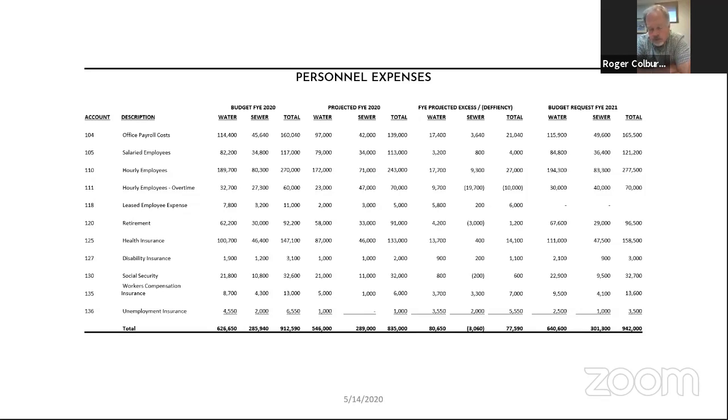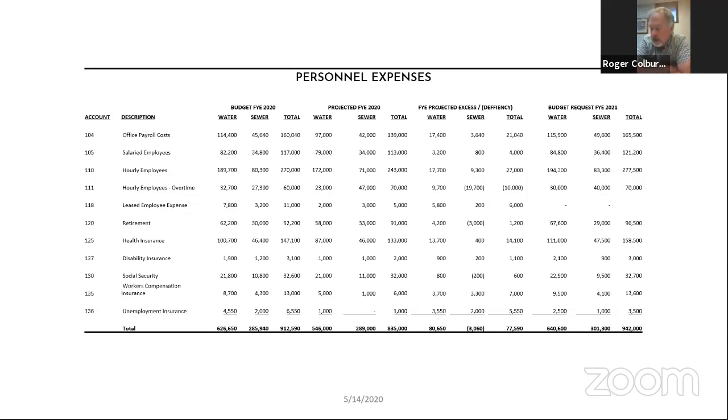Going down to line 127, the disability insurance, that's based on the estimates given to us by the carrier. 130, Social Security, as y'all know, that's just a standard percentage of the employee's pay. And then workers' compensation insurance is based on what the carrier had advised us it was going to be. The unemployment insurance is calculated the same way.